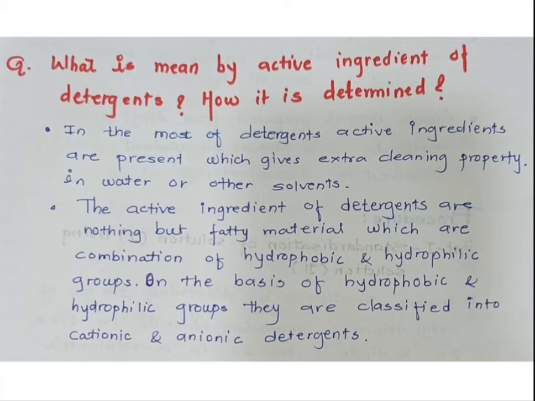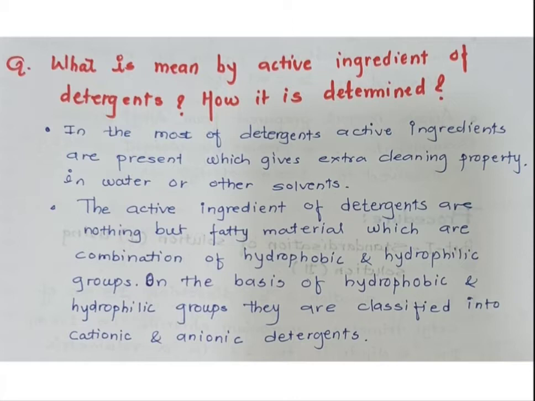In most of the detergents, active ingredients are present which give extra cleaning property in water or other solvents. So, active ingredients are important in the detergents because they give extra cleansing property in water and in other solvents.